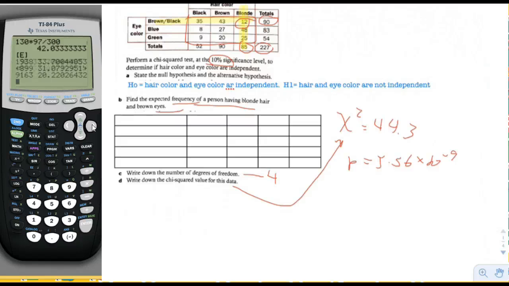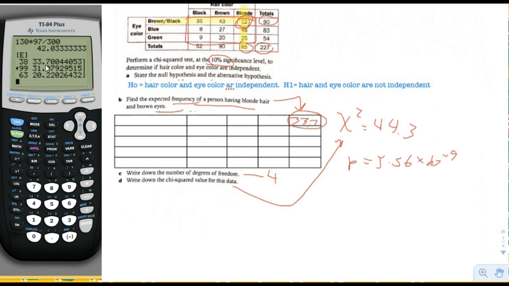Okay, and let's see, we've got to go all the way to the right. And then look, the blonde hair and brown eyes is the top right value, and the top right value is 33.7. We could write them all down here, but they didn't ask us for the whole matrix, although we could write the whole thing here. So the expected frequency of a person with blonde hair and brown eyes is 33.7 actually.